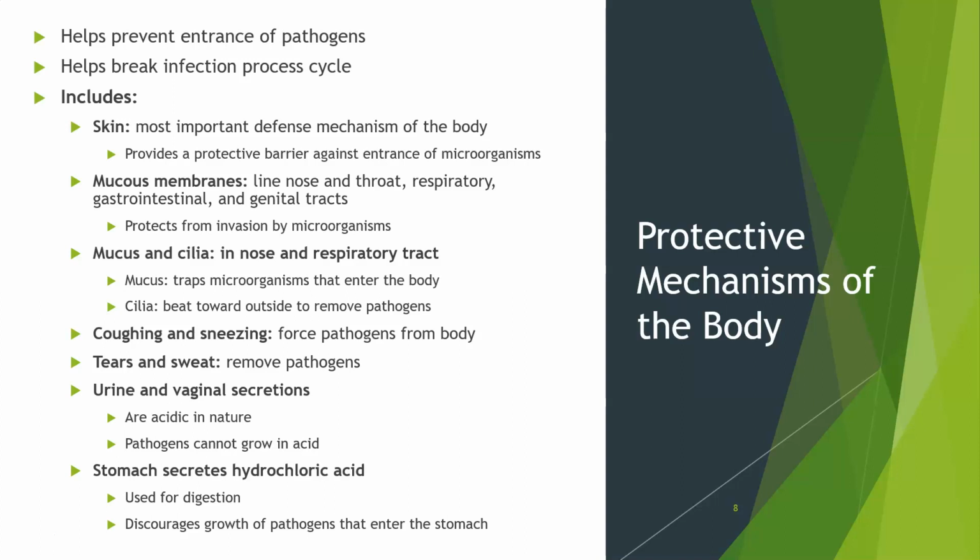And within each of those areas, we have different components as well that focus on how to eliminate and remove and minimize those growth requirements. And so things like stomach acid, for example, right, is used in digestion, but also discourages growth of pathogens that enter the stomach by being acidic and thereby affecting the pH at which the pathogen wishes to grow.